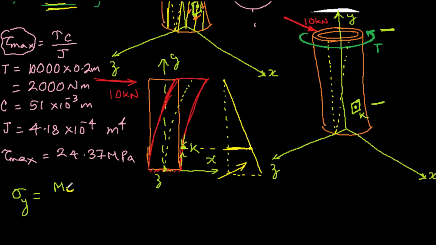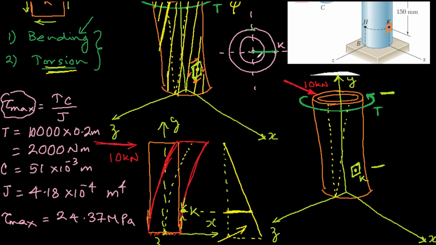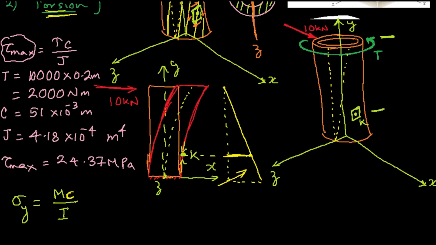So that will be M times the maximum distance of the fiber, so again the value of C, over I. I is the moment of inertia of this annular cross section about this axis. Suppose this is our ZZ axis, right? ZZ prime. So about ZZ prime, the cross sectional area's moment of inertia is that.